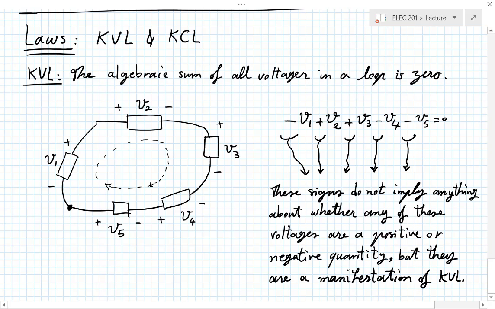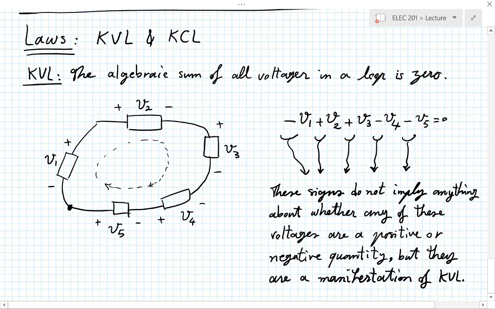Is that a valid approach? Who would say that's a valid approach? Okay. Who would say it's not a valid approach? Okay. So since we don't have full agreement, here's a small exercise to do on your own in the next minute. Write the KVL the same way I did, in the same direction as what I did.